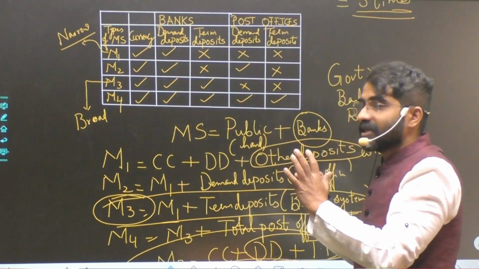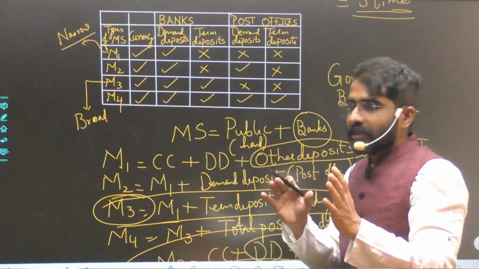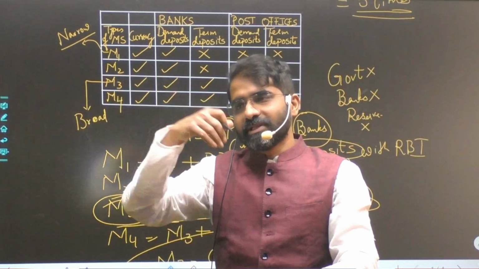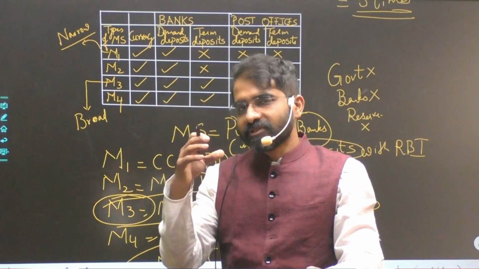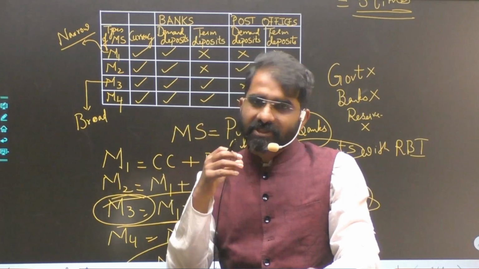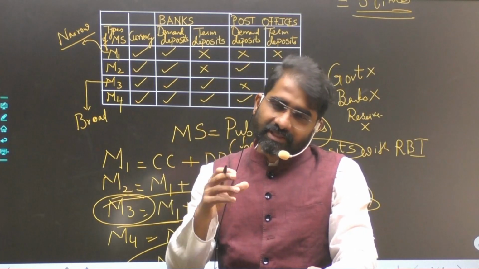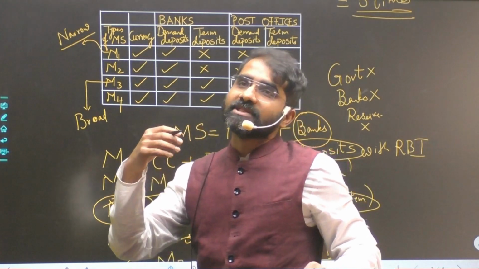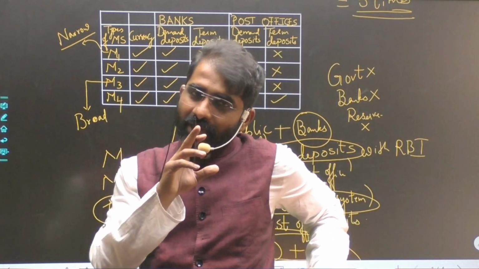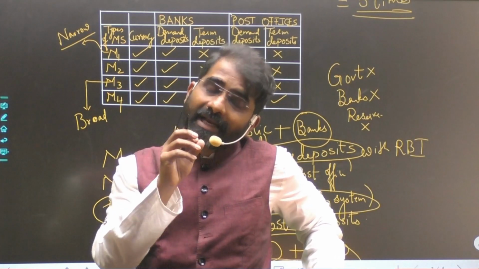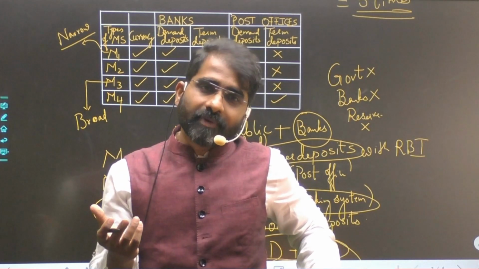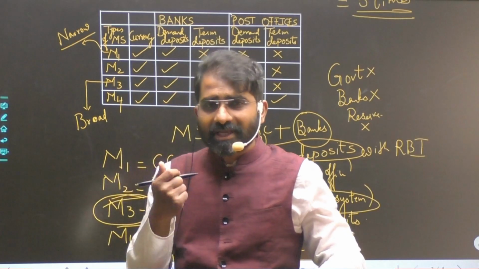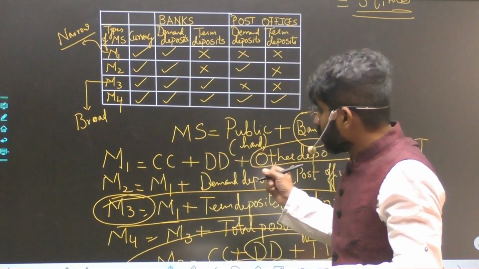So other deposits does not mean bank's deposits with the bank or bank's deposits with RBI. No interbank deposits will be counted as part of money supply, and bank's deposits with RBI also are not. It is something like the RBI governor's deposits or IMF account deposits.